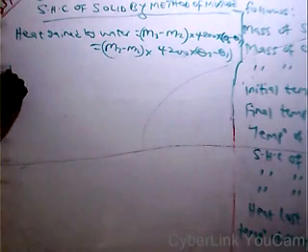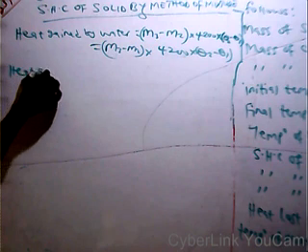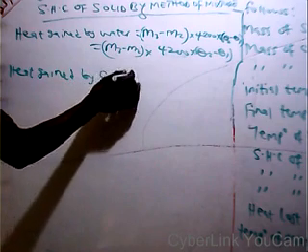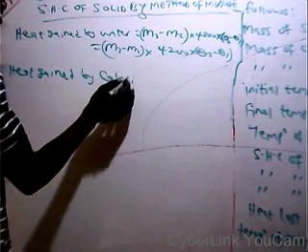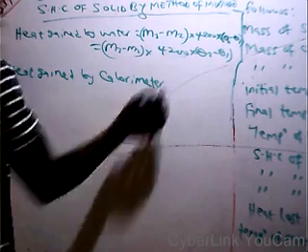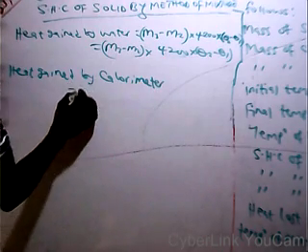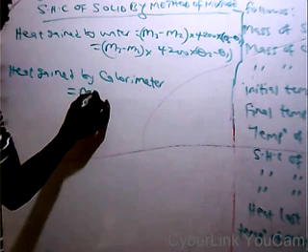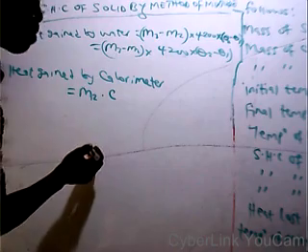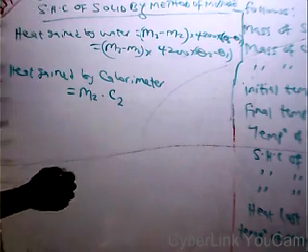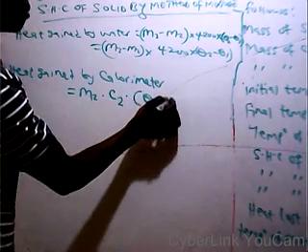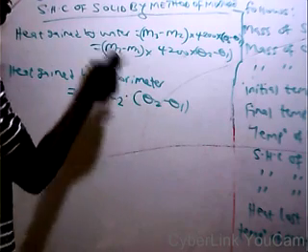Then the heat gained by the calorimeter. If we are told that the calorimeter also gains heat, the heat gained by the calorimeter will be the mass of the calorimeter, which is M2, times the specific heat capacity of the calorimeter, which is C2, times the change in temperature of the calorimeter, which is theta 2 minus theta 1. The change in temperature of the calorimeter is always the same as for water.